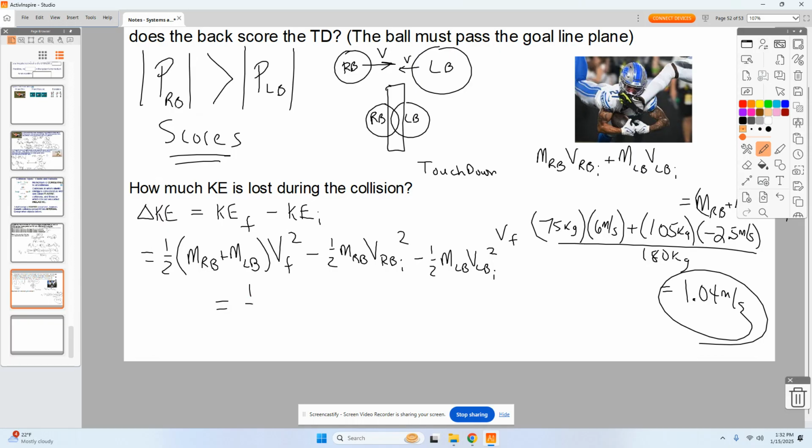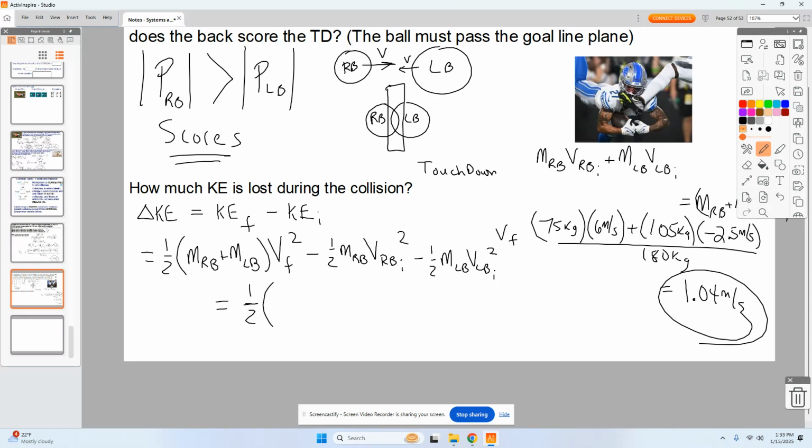So, will you turn and tell the person you're sitting next to whether or not the answer I compute here should be positive or negative when I'm all done? Should it be positive or negative? You remember kinetic energy is not directional.